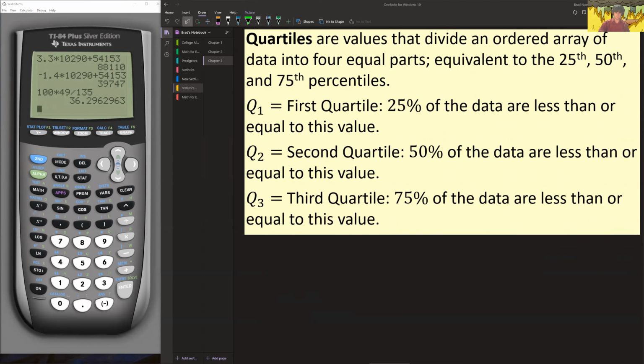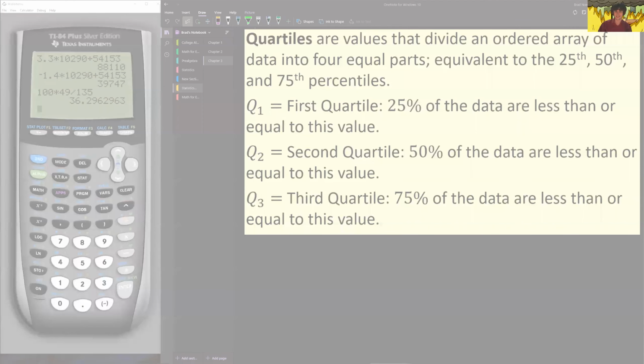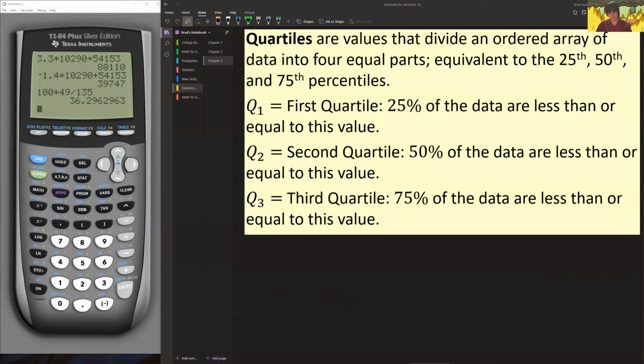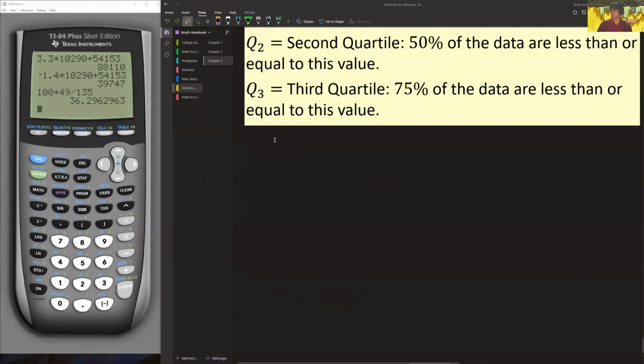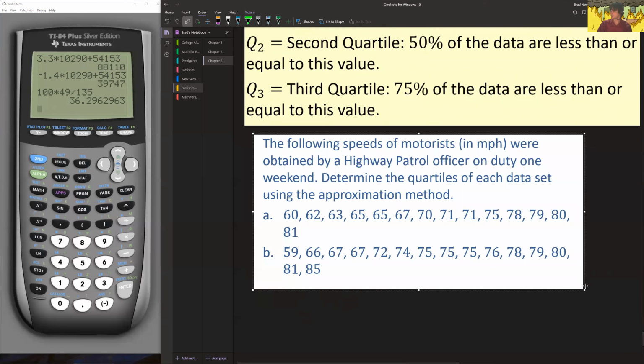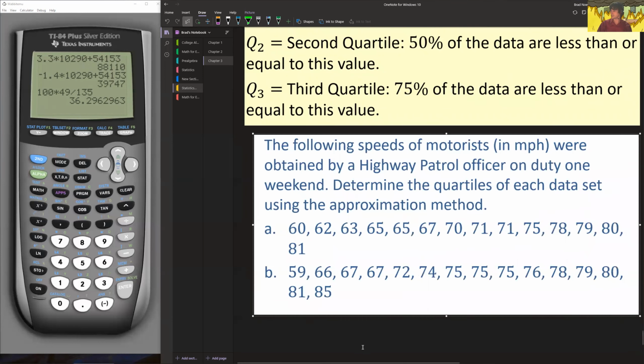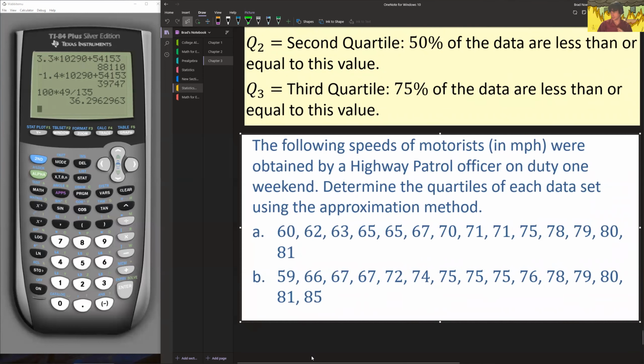Okay. Now, if we want to find the quartiles, all that I need to do is simply calculate the percentiles of each. But that seems like a little bit of unnecessary work. So again, there are 2 ways we can go about calculating this.